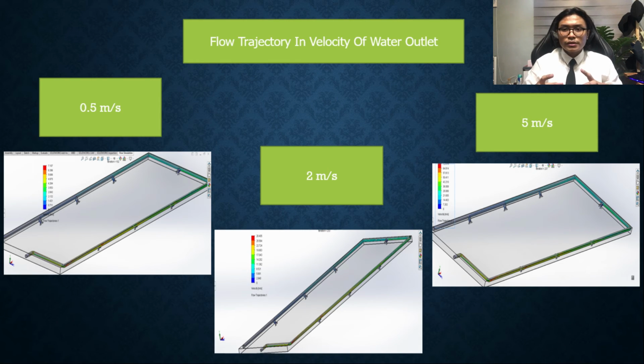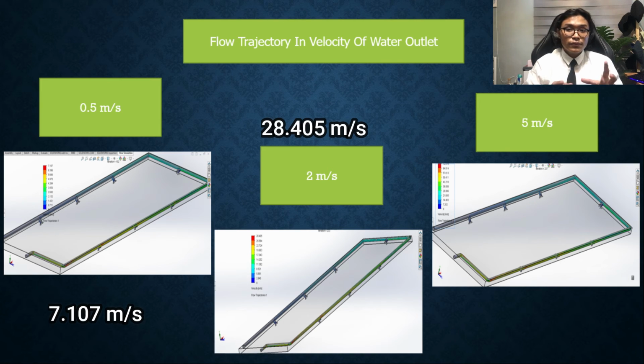For water outlet, I picked the average value from the first sprinkle and the last sprinkle. For the flow trajectory in the velocity of water outlet, 0.5 meters per second is 7.107 meters per second. 2 meters per second is 28.405 meters per second, and lastly for 5 meters per second I got 72.016 meters per second.